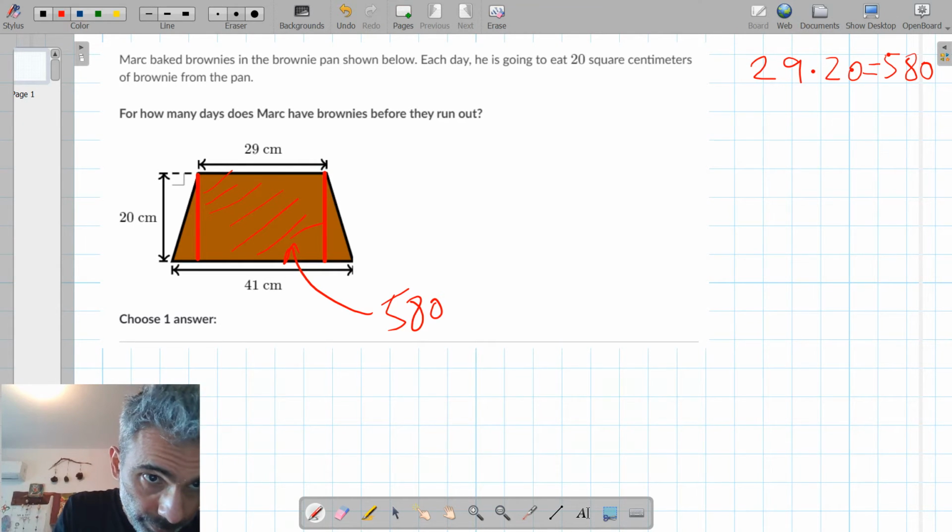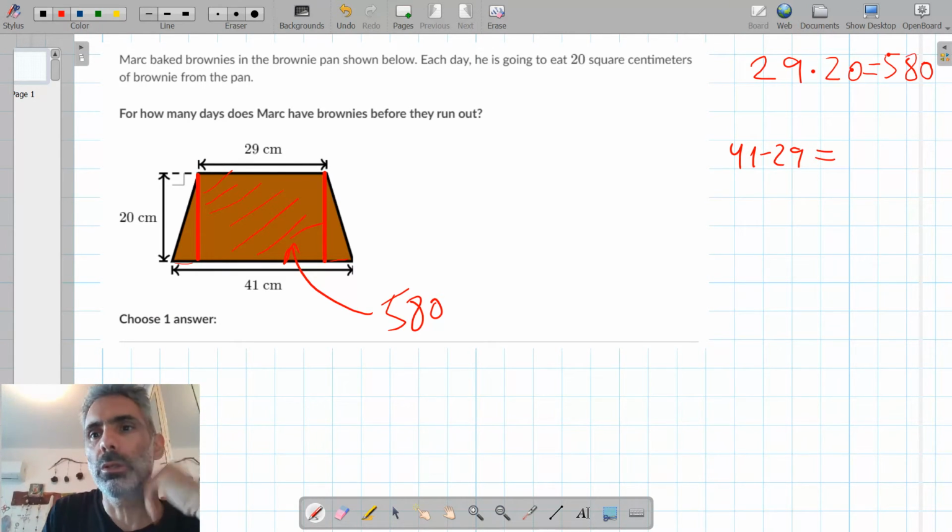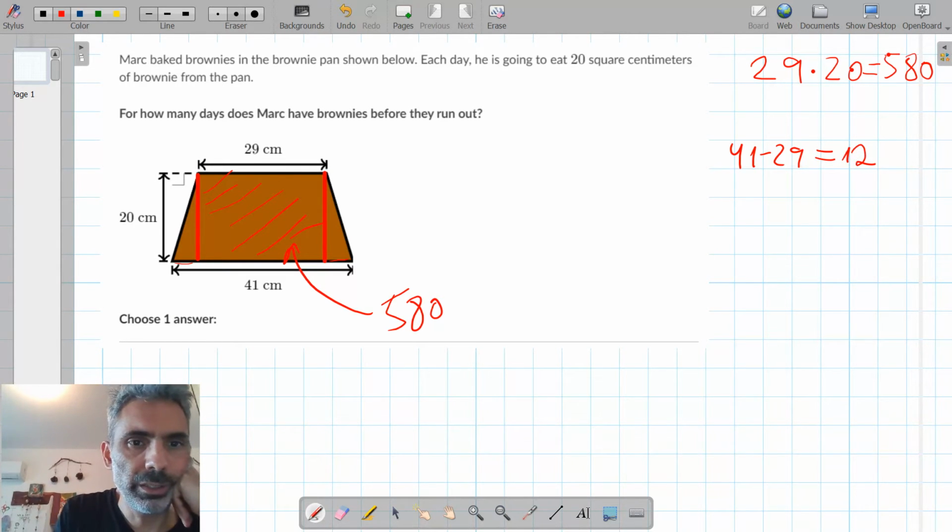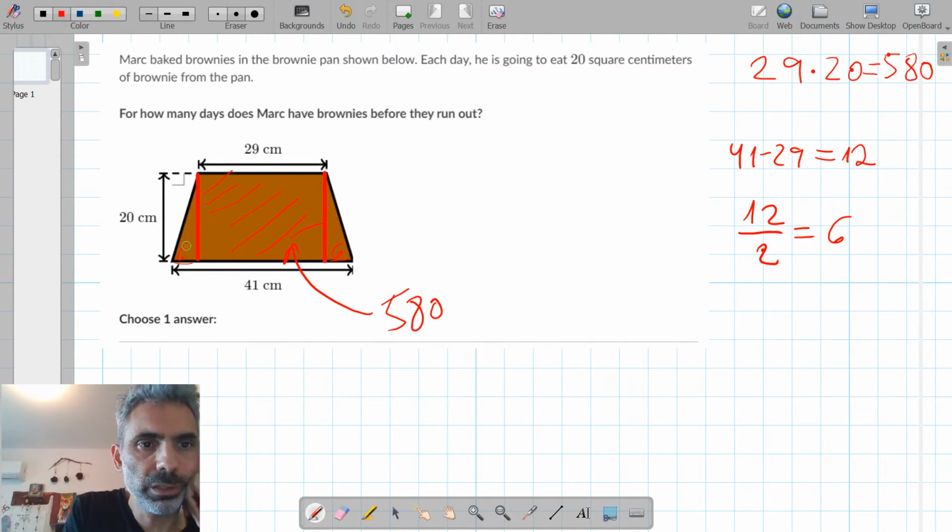Now, what we have left for the two bases of the triangles is 41 minus 29, which is 12. If we divide 12 by 2, each base of these triangles is 6.